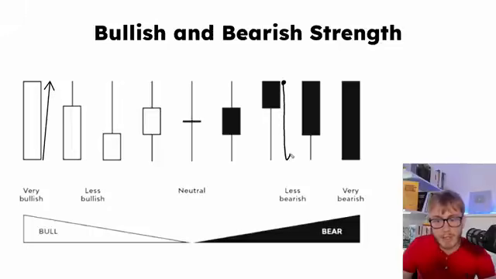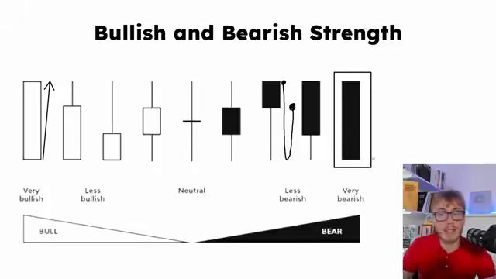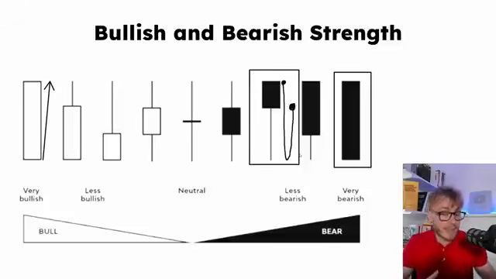But before the candle closed, the bulls managed to take control and actually reverse the price all the way up to this point. So while this candle right here is very bearish and shows lots of bearish strength, this candle is actually much more bullish.